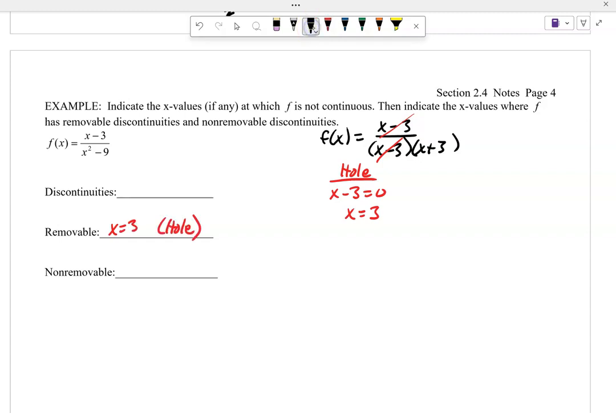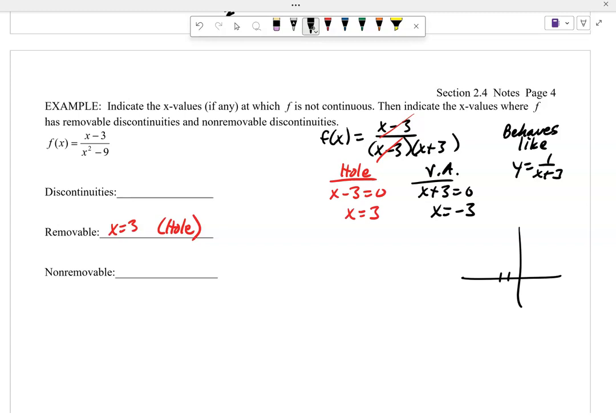Now let's finish the rest of this. I'm going to have a vertical asymptote here at x being negative 3, right? So this thing behaves like 1 over x plus 3, right? With that vertical asymptote, it behaves like this, except the problem is I've got a hole.